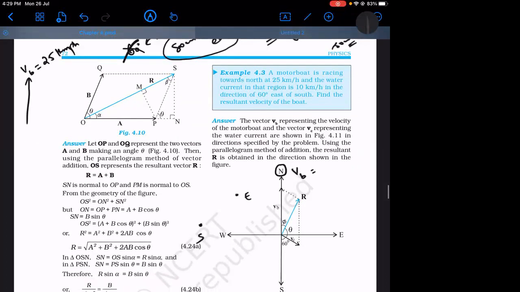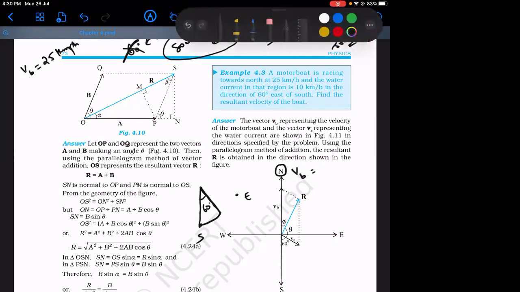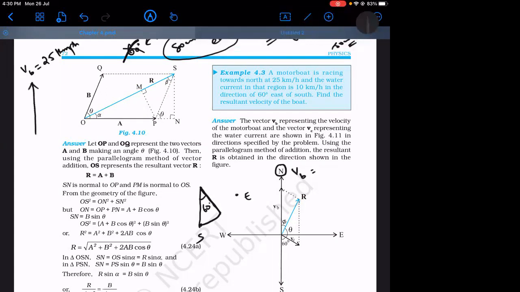From south, I need to turn towards east through an angle of how much value? 60 degrees. Are you guys able to understand this? Yes, sir. Right? So be careful with this. So this is south. East of south is 60 degrees.